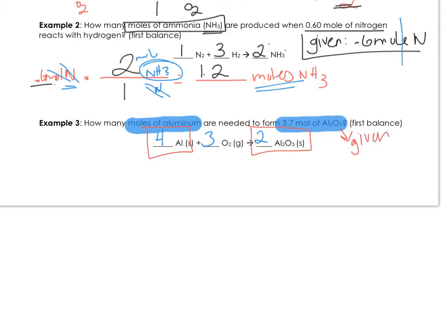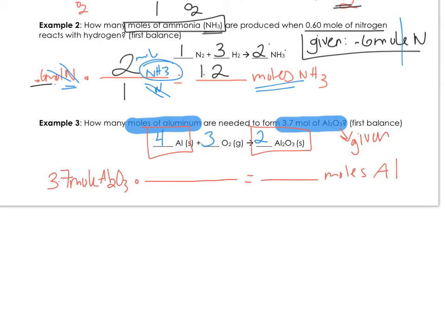That's what I'm going to start with. 3.7 moles of Al2O3, dot line is equal to, and we want to end up with moles of Al.